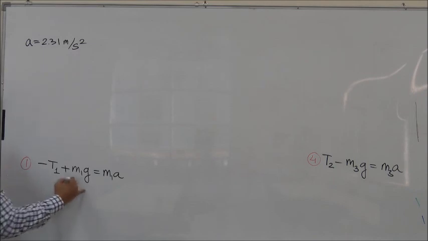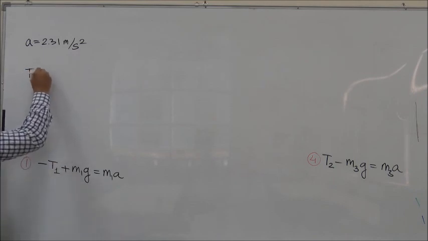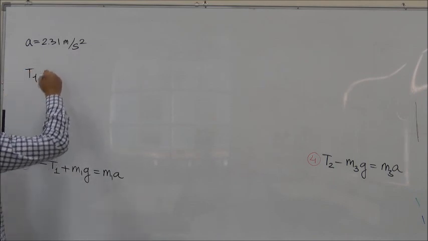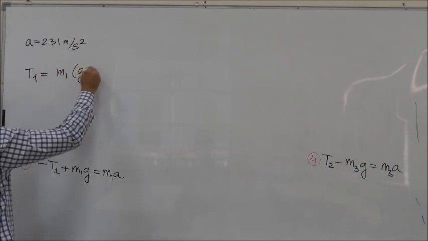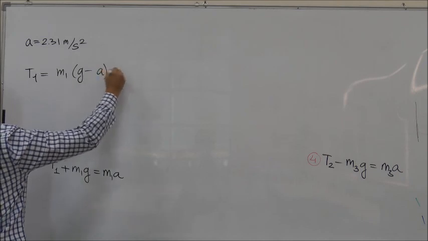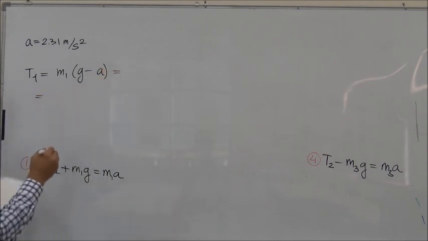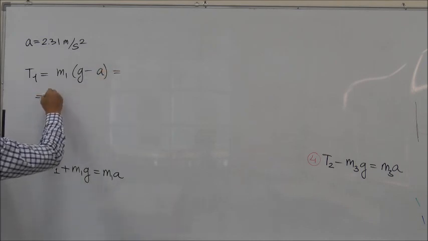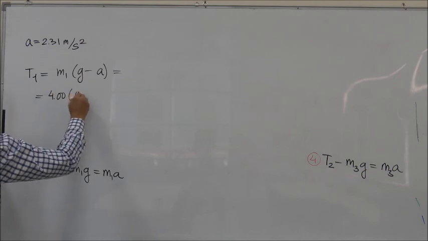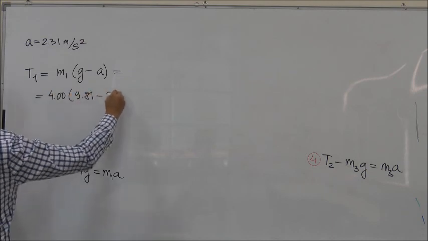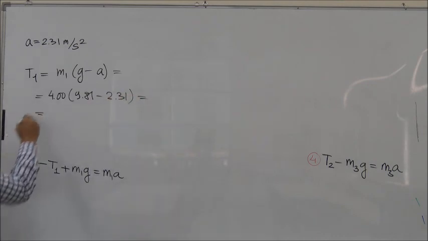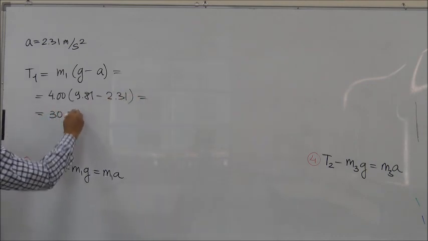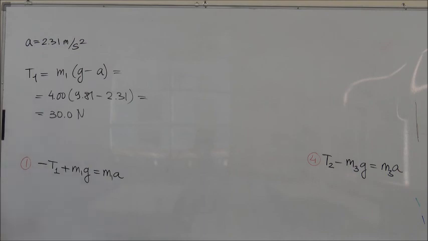From this equation, T1 is equal to M1 times G minus A. M1 is 4 kilograms, 9.81 minus 2.31, and we get around 30 newtons for tension 1.